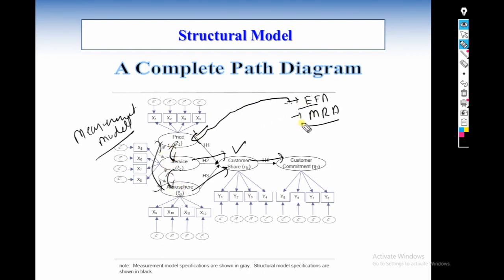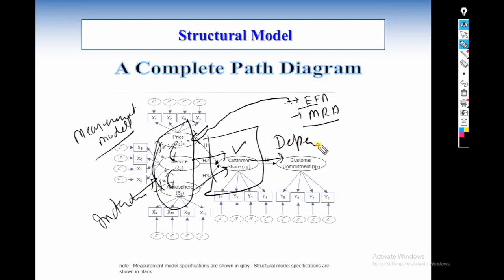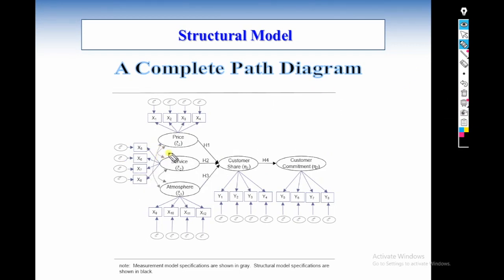Multiple regression analysis means the dependence relationship, so when we see the relationship between one exogenous variable and another, it is a dependence relationship. So in a structural model we use both the interdependence technique as well as the dependence technique. It is a complete path model, and it is a structural relationship.